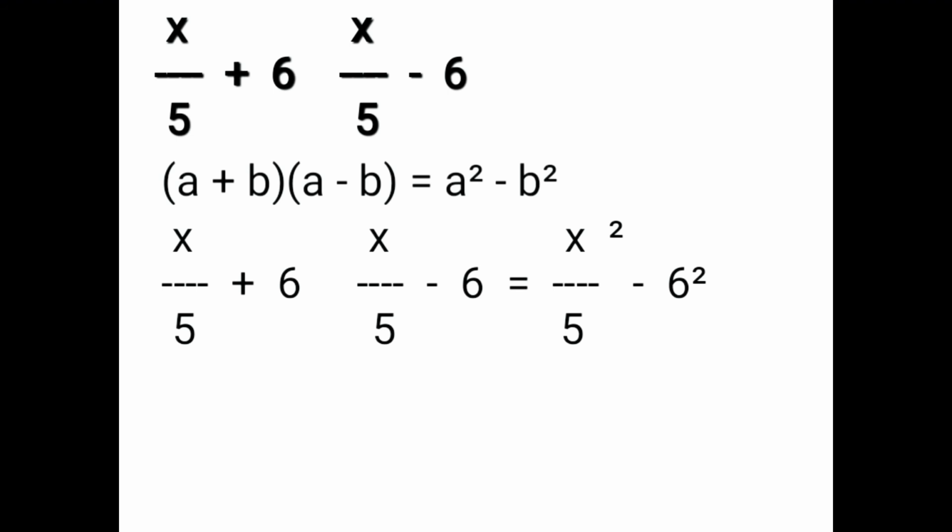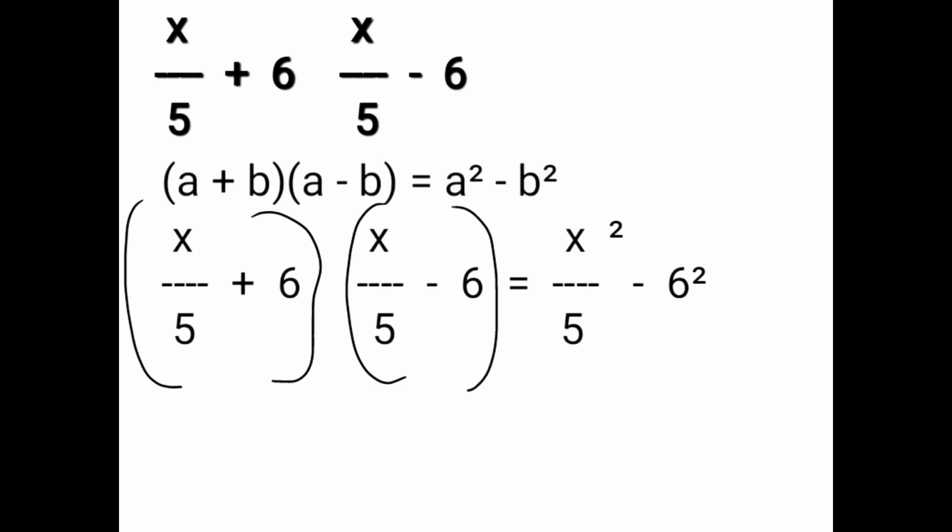That is (x/5 + 6), you can put it in a bracket over here, then (x/5 - 6) is equal to (x/5)² - 6². x/5 is on the a side and 6 is on the b side.